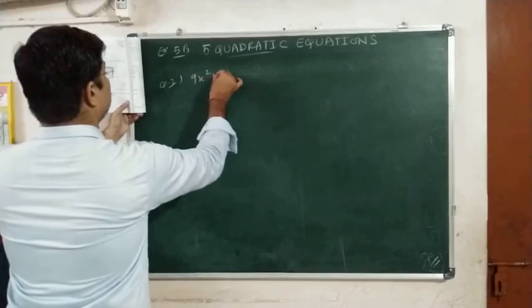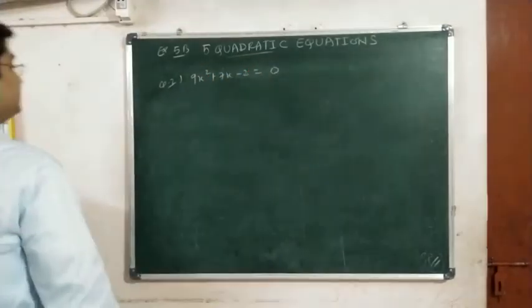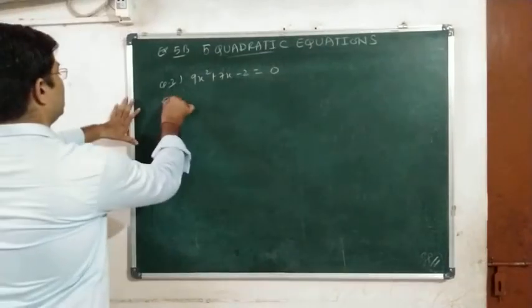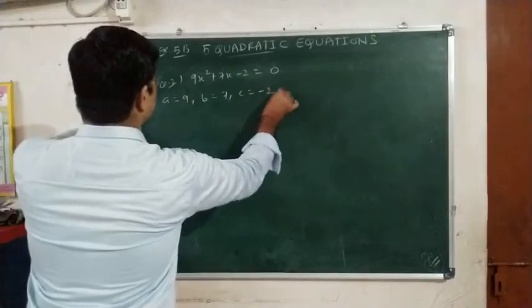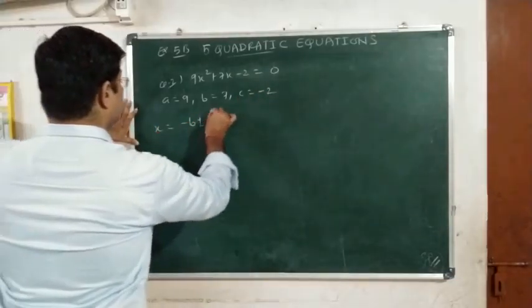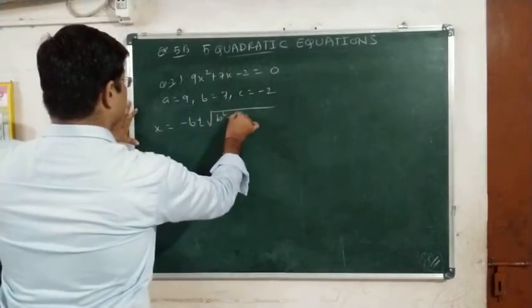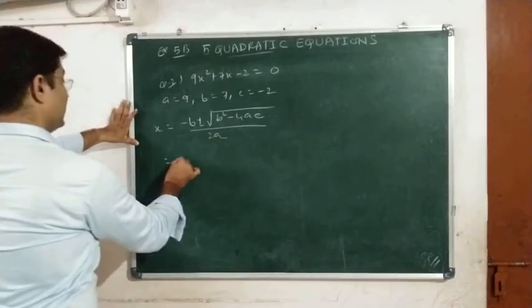Nine x square plus 7x minus 2 is equal to 0. Over here a is 9, b is 7 and c is minus 2. x is equal to minus b plus or minus square root of b square minus 4ac upon 2a.